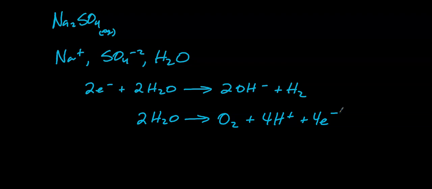So how do you know? Are you supposed to know which substance is more easily oxidized or more easily reduced? Yes, but not yet. I'll teach you how to use your table of reduction potentials to predict which substance is more likely to be oxidized and reduced. With these examples, we're using our observations, those observations that were given to you.